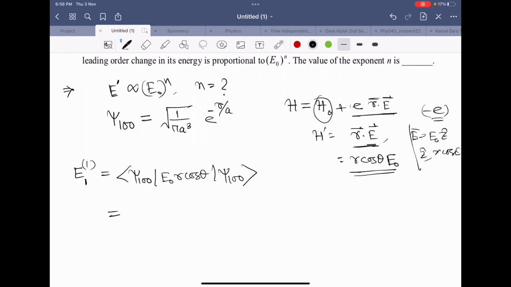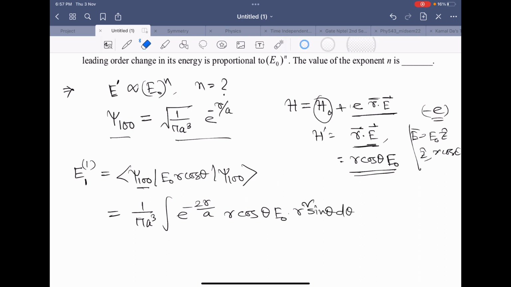So this will be 1 by pi a cube outside, e to the power minus 2r by a, because psi 100 is this one. Then r cos theta is there, and the volume element is r square sine theta dr d theta d phi.